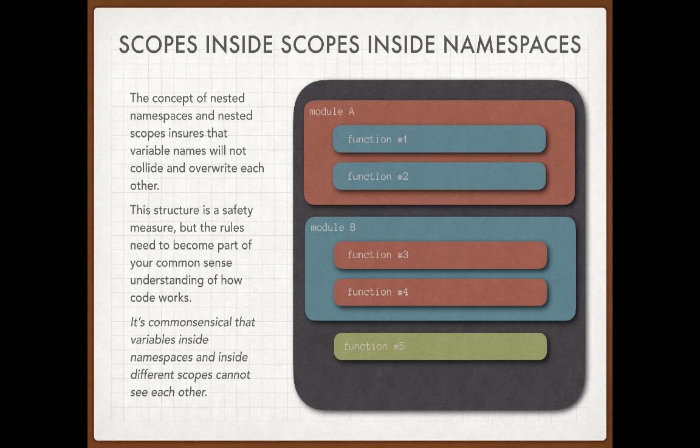Now, this needs to become part of your commonsensical understanding of how things work. There's just no way around that. So if you happen to be looking at code and you're reading function 2, and then you're looking at function 3, and you accidentally see the same variable names in both of those, in your head, there's no correlation.